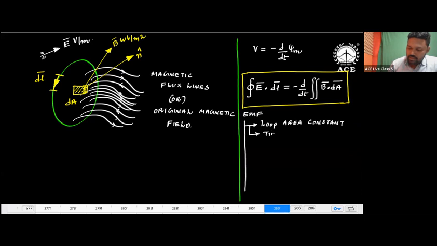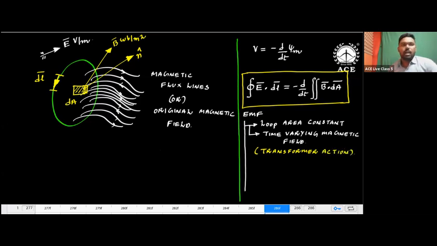A time varying magnetic field. This is called, in electrical engineering terminology, transformer action, beta.